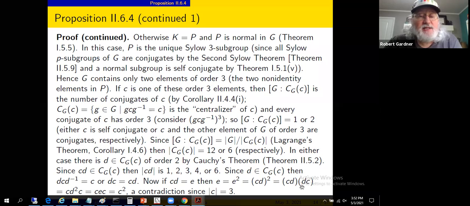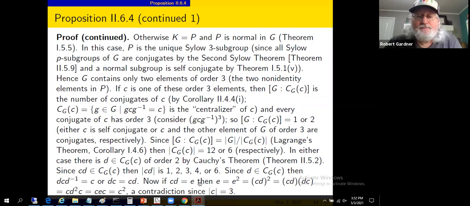That's C D squared C, but remember D is an element of order 2, so D squared is the identity, and that produces C squared. So we've got the equation that reads identity equals C squared. That can't be because C was an element of order 3. Can't have an element of order 3 squaring to give the identity. So we got a contradiction. It can't be that CD equals the identity.